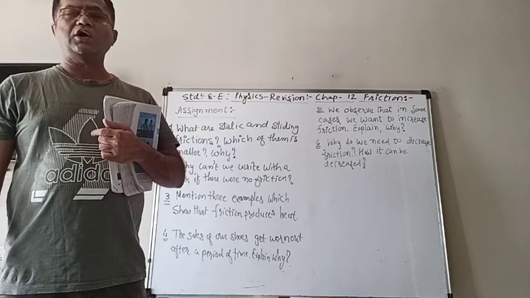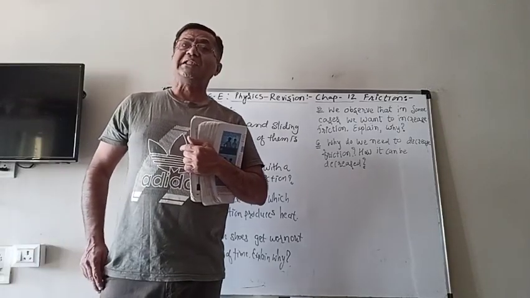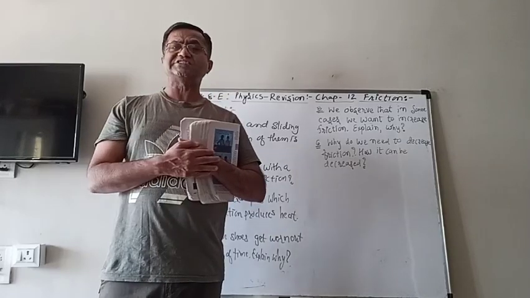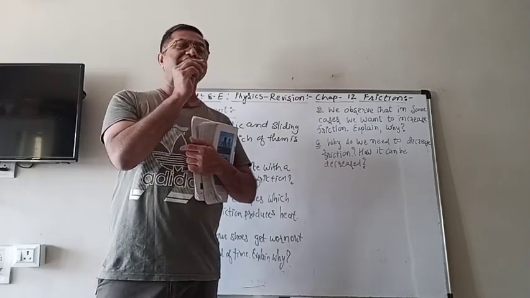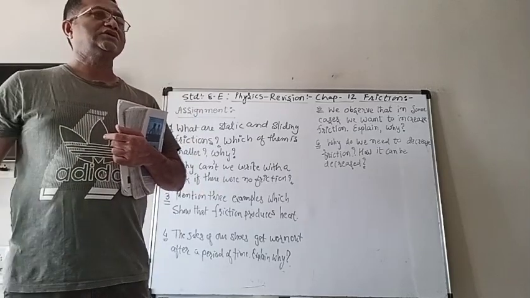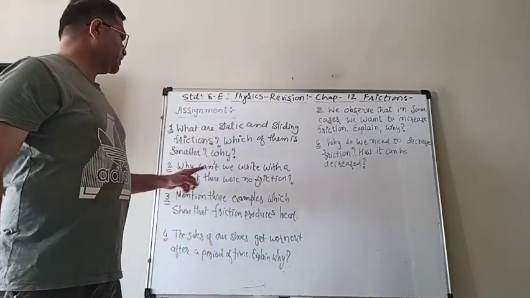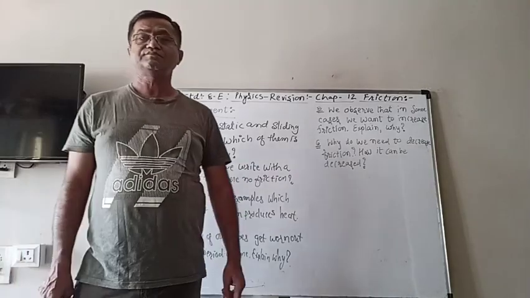You won't be able to write because there is very less friction between the glass surface and the chalk, and therefore the chalk powder cannot stick when there is a very smooth surface. So we cannot write with chalk if there were no friction.